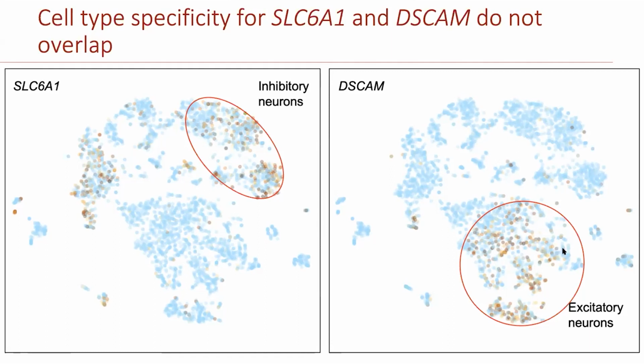In contrast, DSCAM is only expressed in excitatory neurons. And so if we want a model of what the autism neurobiology is, the key take home here is it needs to include at least inhibitory neurons and excitatory neurons, because you cannot get to a single cell type which explains all of the genes we find alone.